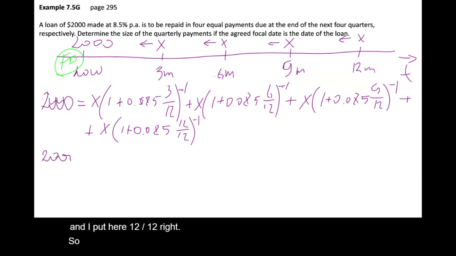So 2000 equals. So now we calculate those coefficients, in other words, whatever we can.